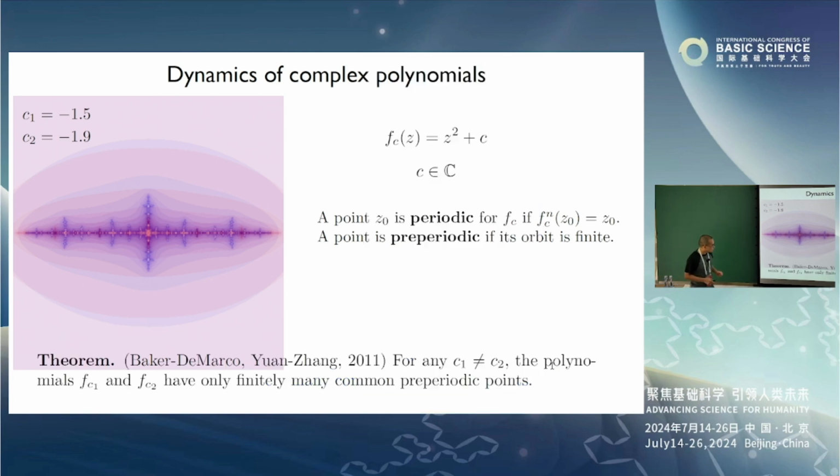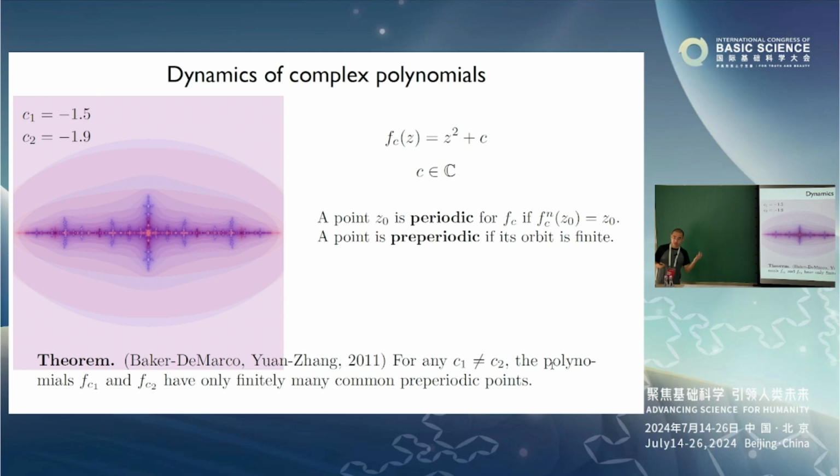And so the next result is by Baker and DeMarco, and also independently by Yuan and Zhang, about 10 years ago, one decade ago. It says that for c1 not equal to c2, the polynomials f_c1 and f_c2 have only finitely many common preperiodic points.